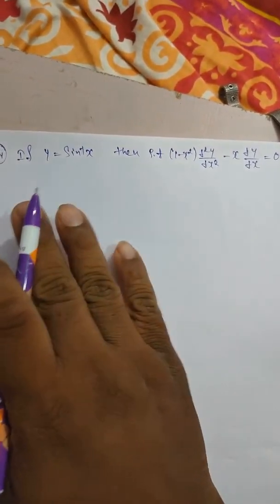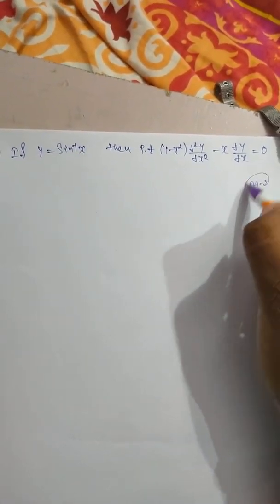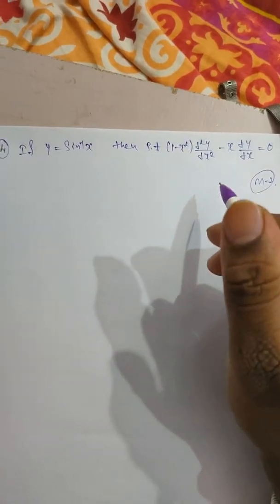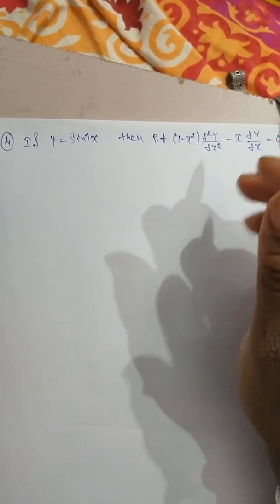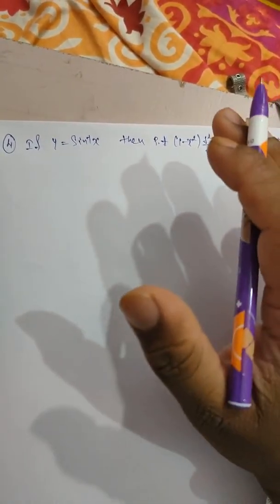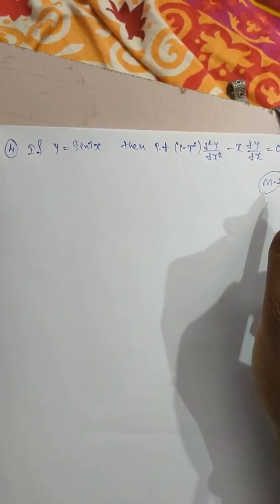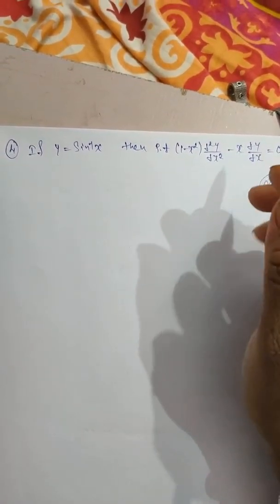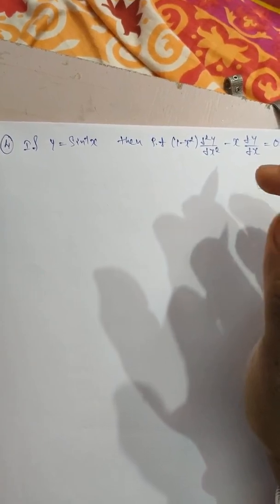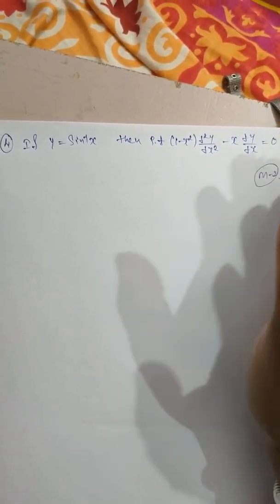I will solve this problem by using method 2. You know the methods we followed in the last problem, method 1 and method 2. Method 1 is differentiating the function twice and substituting in the left hand side to get the right hand side.